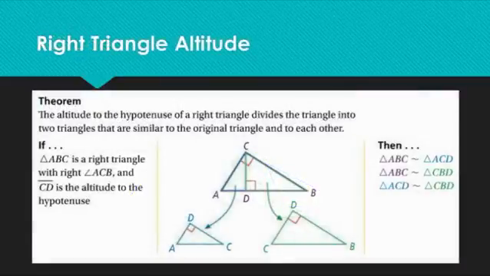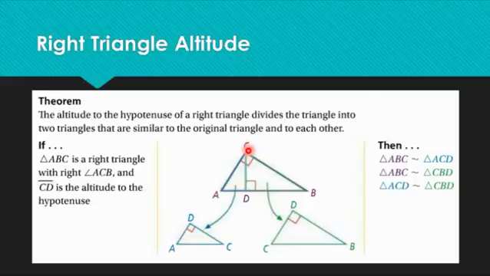There's a special type of similarity that takes place when an altitude of a right triangle is drawn. So the altitude to the hypotenuse of a right triangle is an altitude from the vertex of a right triangle. In this case we have triangle ABC. It's a right triangle.